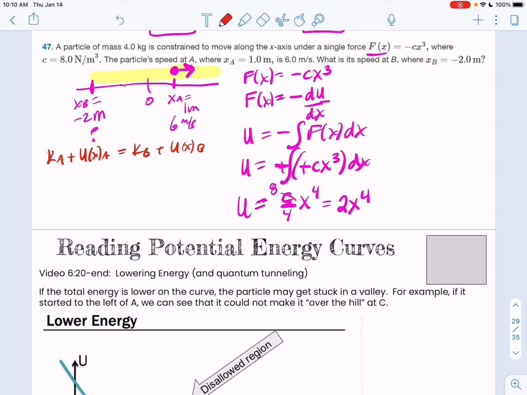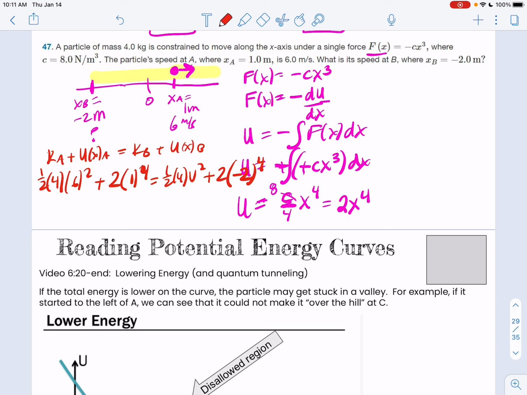So 1/2 times 4 kilograms times 6 squared, plus 2 times x to the 4th, which is 1, equals 1/2 times 4 times v squared, that's what I want, plus 2 evaluated at negative 2 to the 4th. I hope I get the same answer as last year. We're going to see.